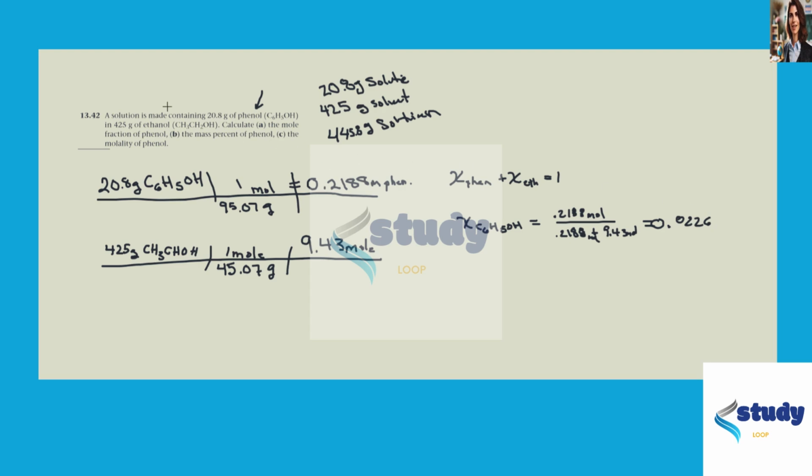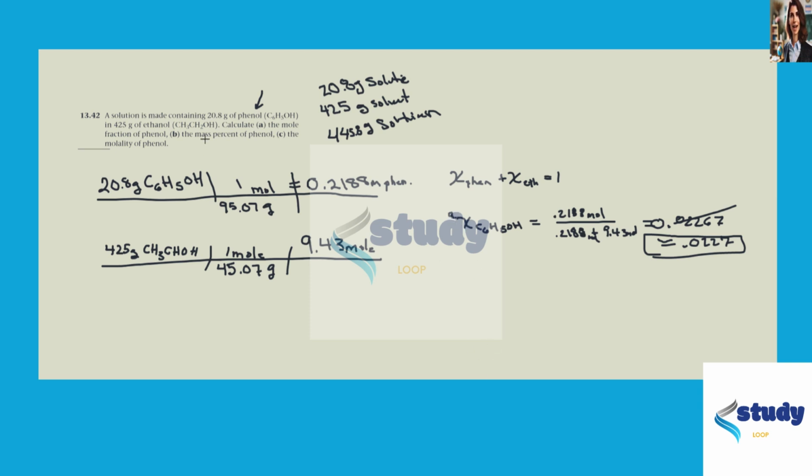And let's look. We had 3 significant figures in each one of them. So we're going to have to round. So we'll have 0.0227. Perfect. That is our part A, mole fraction.